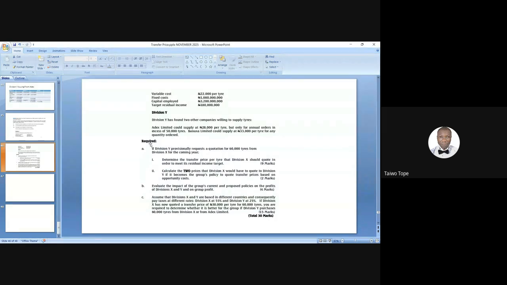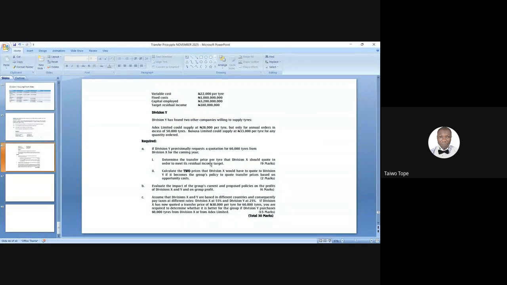Now, the first requirement: if Division Y provisionally requests a quotation for 60,000 tires from Division X for the coming year, one, determine the transfer price per tire. Take note, see the statement: determine the transfer price per tire that Division X should quote in order to meet its residual income target.